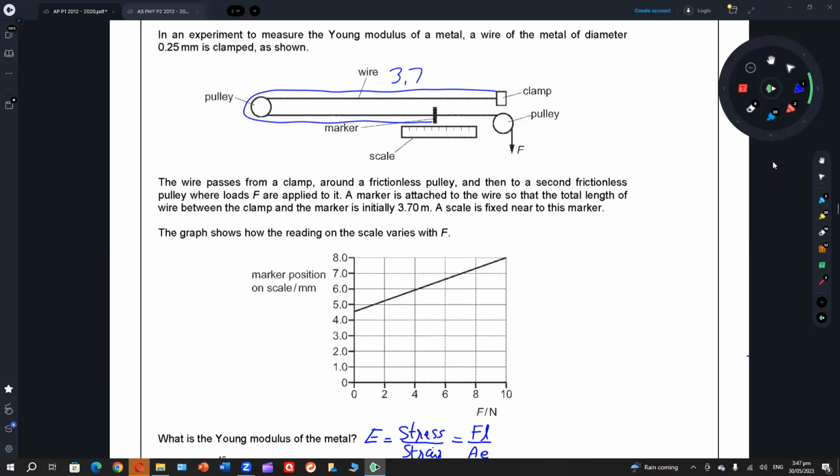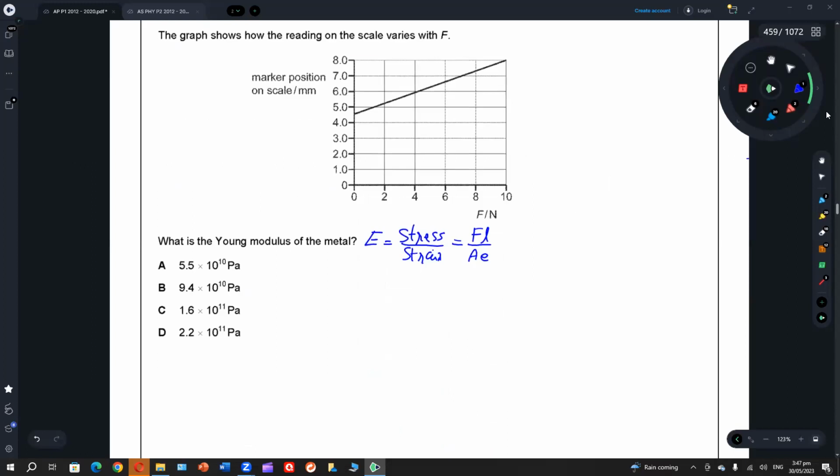And the graph is interestingly showing at zero load around 4.6 or maybe 4.7. Like if we take 10 as the force, we will minus 8 with the 4.6. This is the possibility.